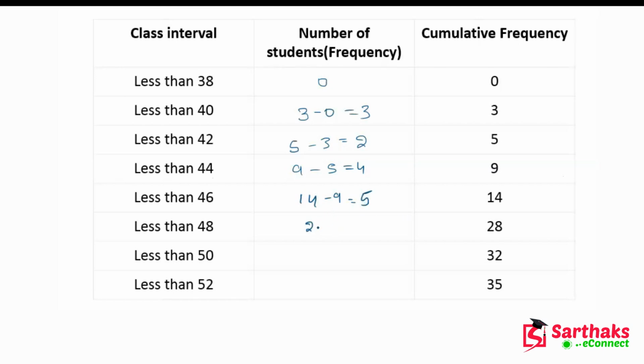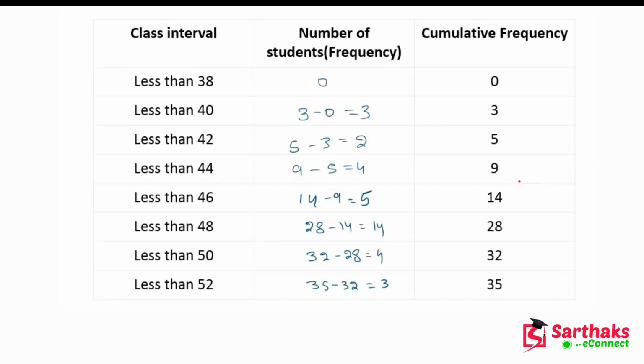Here is 28 minus 14, which gives 14. If we subtract 32 minus 28, we get 4, and 35 minus 32, we get 3. I hope you understand these things. So with the help of cumulative frequency we can easily find the frequency.